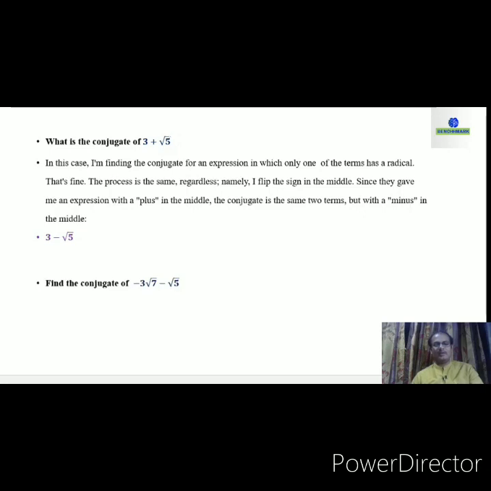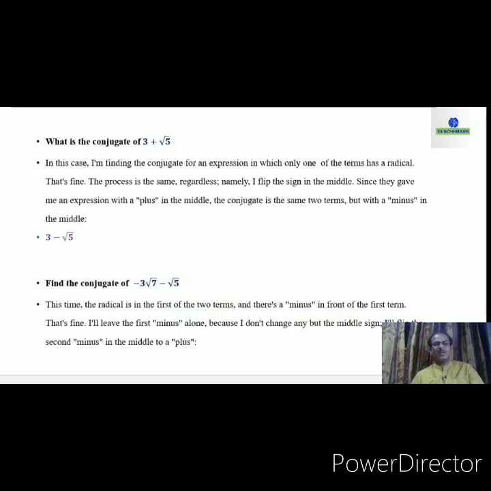Let's find the conjugate of minus 3 root 7 minus root 5. What do I have to do? Simply I have to flip the sign in the center, that is the minus sign. This particular minus sign will get changed to a plus sign and I am not going to change the sign of any other term. There is a minus in front of the first term, and I'll leave that first minus alone.